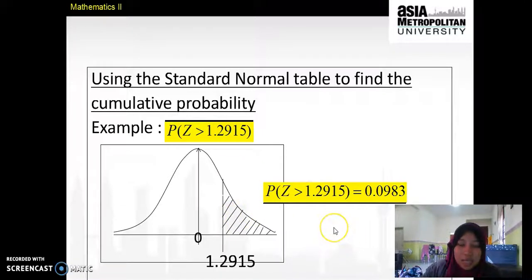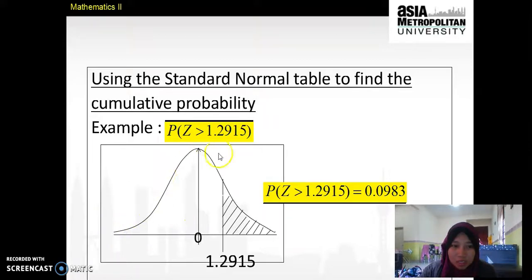Now the second thing that you need to know after standardizing the value is to sketch roughly your normal distribution. This is your normal distribution. It has all the characteristics that were listed in our previous slide.